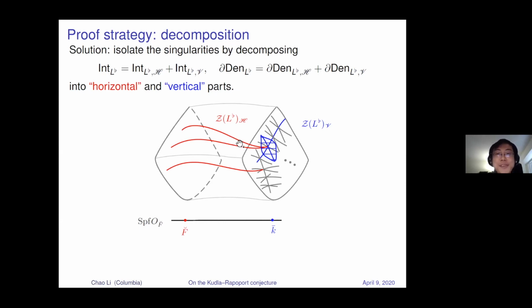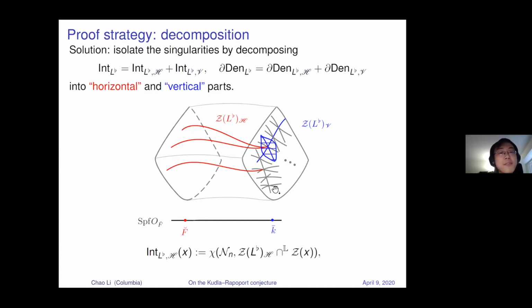In general, of course, the intersection could have higher dimension, but because my Rapoport-Zink space only has one dimension in the horizontal direction, I isolate the correct intersection in the horizontal direction, which I denote by this horizontal part. The vertical part may be more complicated, and may have higher dimension.